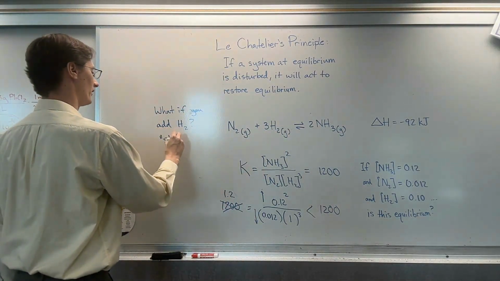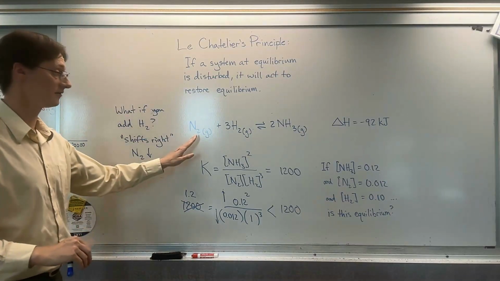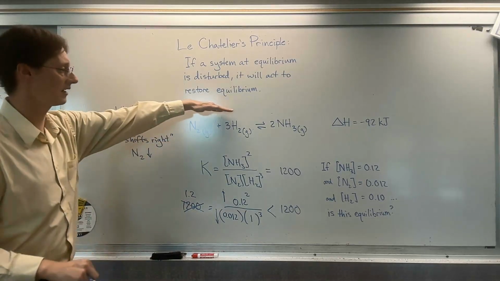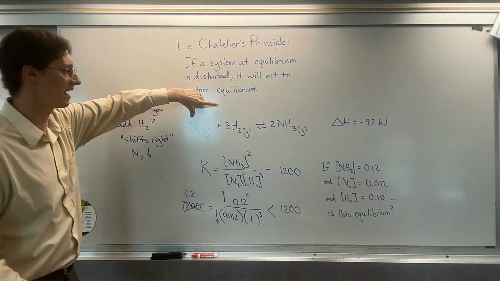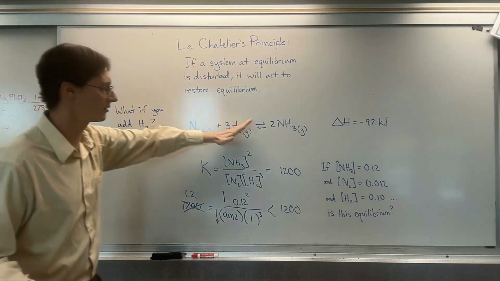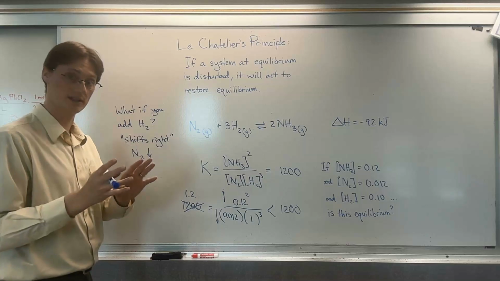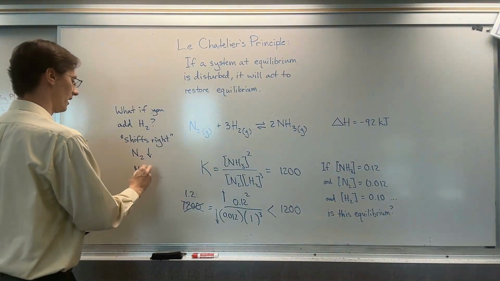That's our vocabulary, shifts right, which means that the nitrogen concentration is going to go down. The extra hydrogen that we added into the vessel is going to react with the nitrogen that's still in the vessel and produce more ammonia. So the nitrogen concentration will go down, and the ammonia concentration is going to go up.